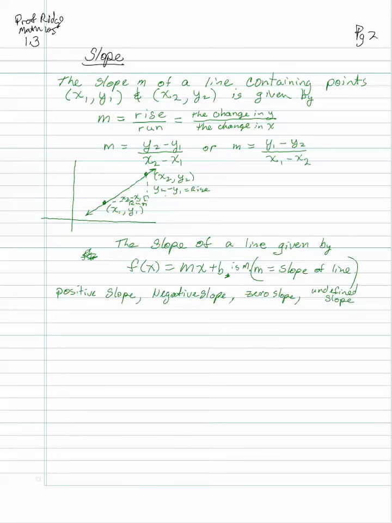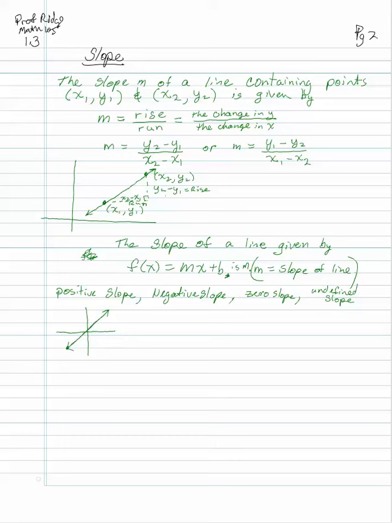Okay, so what I'd like you to be able to do is just glancing at a graph, you should be able to tell me whether it's a positive or negative slope. Now it has nothing to do with where the line starts or ends on my graph here. The idea is you think as you read from left to right, if you start at the bottom from the left and it's going up. Actually, lines don't ever stop or end, but anyway, it's going up as I move from left to right.